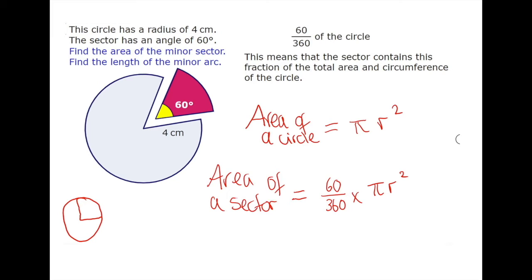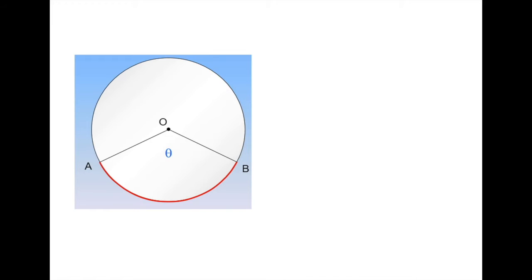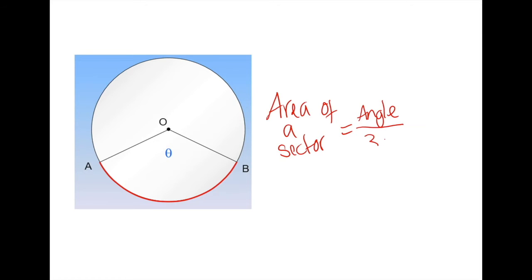So let's look at that in a general way then. Area of a sector is going to be the angle of the sector over 360 degrees multiplied by the area of the circle.